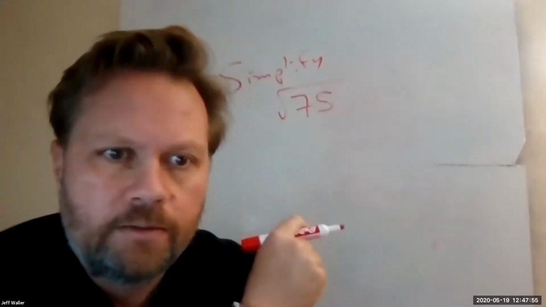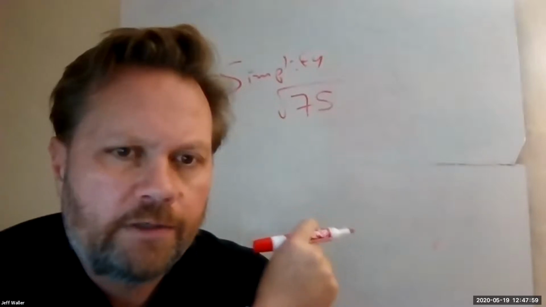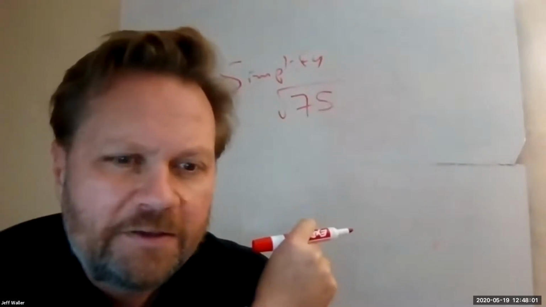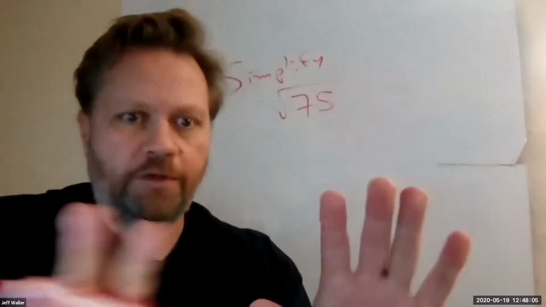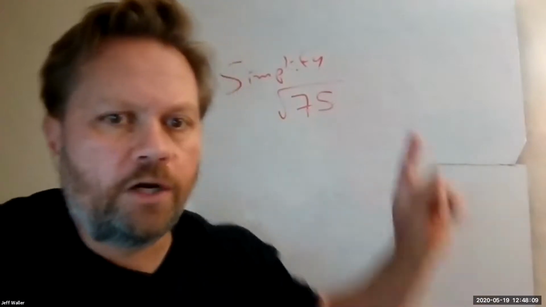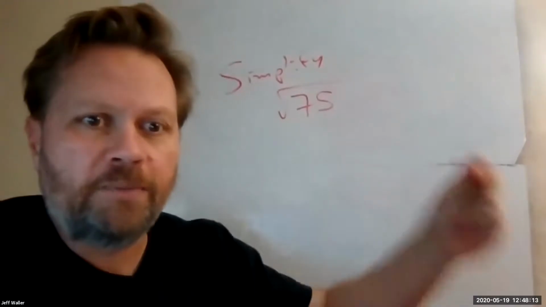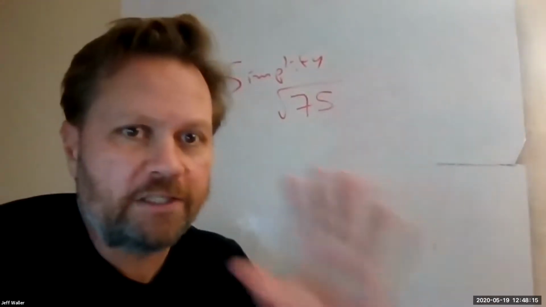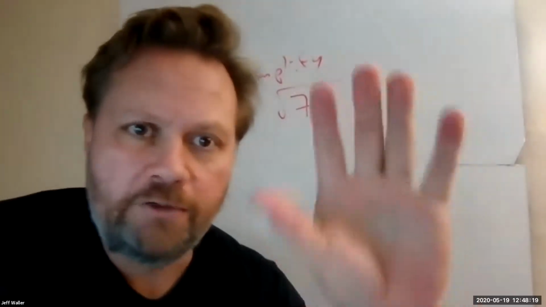But can somebody see how to factor 75 so part of it is a perfect square? How would you do that? One way you can do this is start dividing 75 by 2, by 3, by 4, until you get a square left over. 75 divided by 2 is no good, because it's not even.